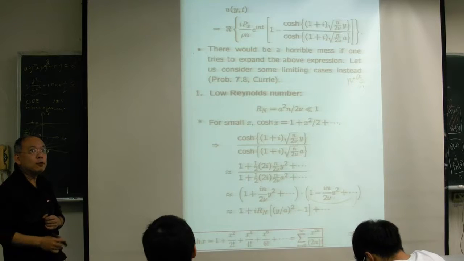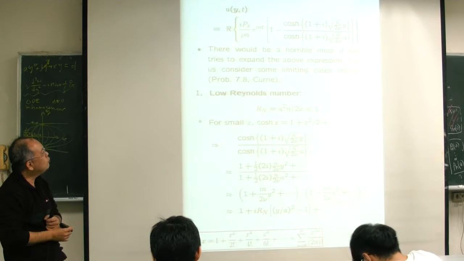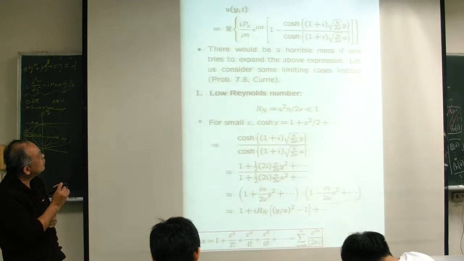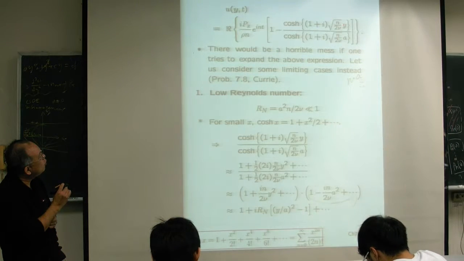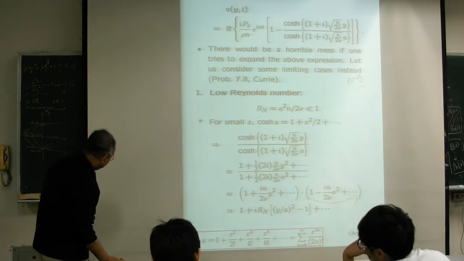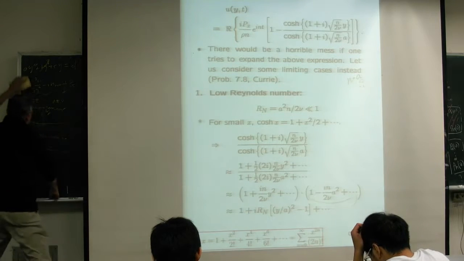And here we have two points of discussion. As you can see here, the term N over 2 mu, square root, times y. What is N? N is the frequency, right?